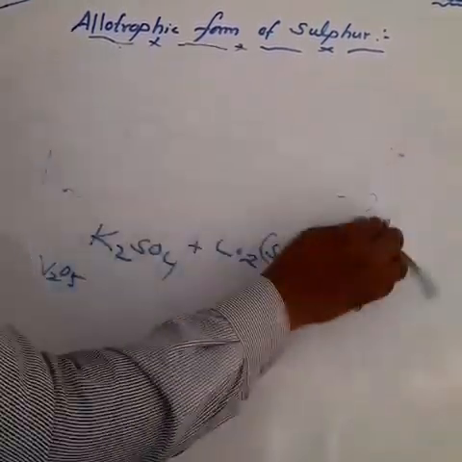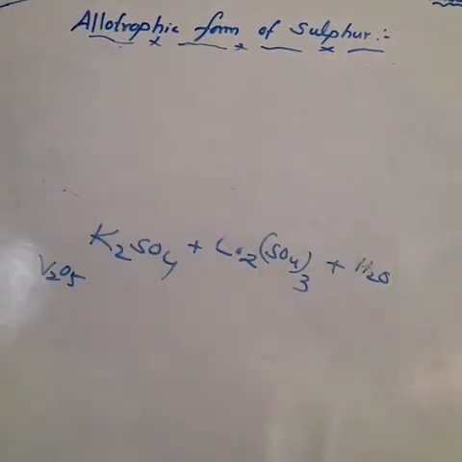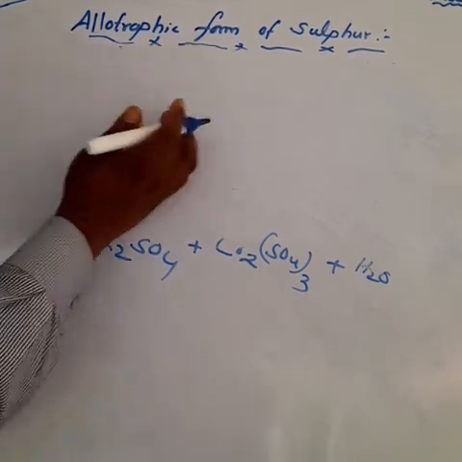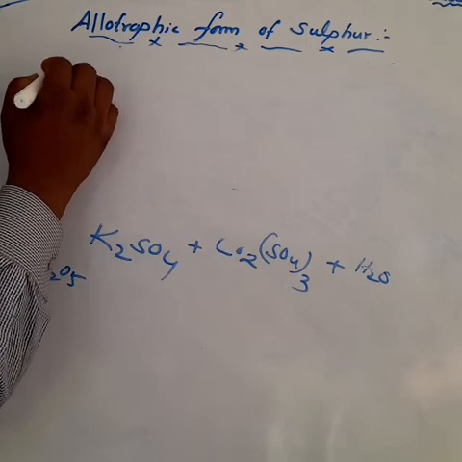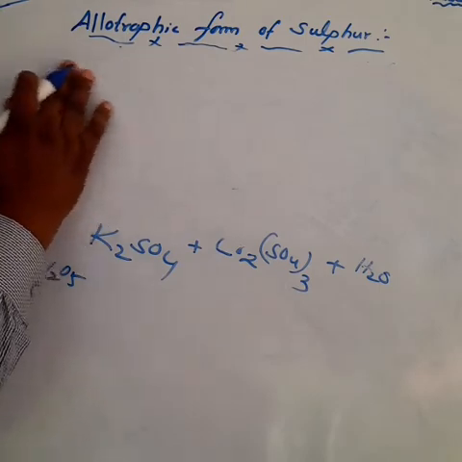SO2 plus O2 gives SO3, 2SO3. So make the reaction balanced. SO3, make it 2 on the product side, 2 sulfur, so on the reactant side make it 2. Now the equation is balanced. Next, the bleaching action of sulfur dioxide.